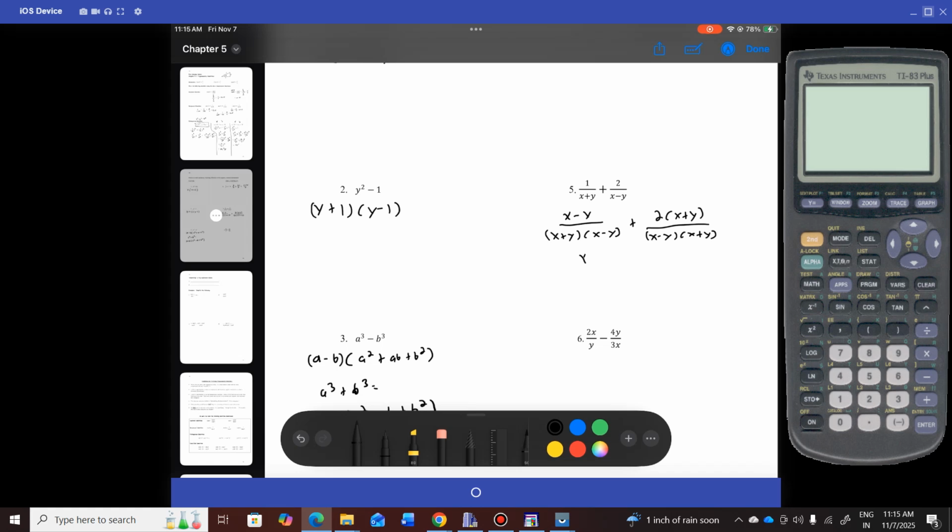So we have x minus y plus 2 x plus y over x plus y times x minus y. And so we'll distribute the 2. So x minus y plus 2x plus 2y over x plus y times x minus y. And then combine like terms, so we'll have 3x plus y over x minus y, x plus y.